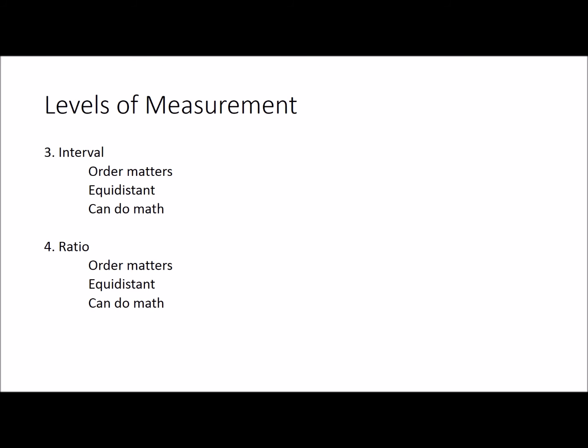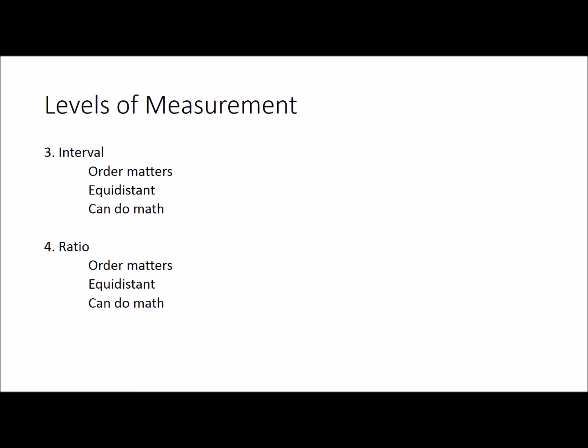In fact, mathematically, interval and ratio are identical. There are no differences between either one, which is why your computer programs and your textbooks all list them as scale or interval/ratio, because mathematically there is no difference. They're identical. But there is a difference between them, and we should be aware of it.